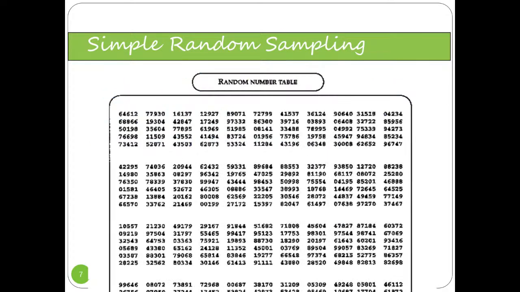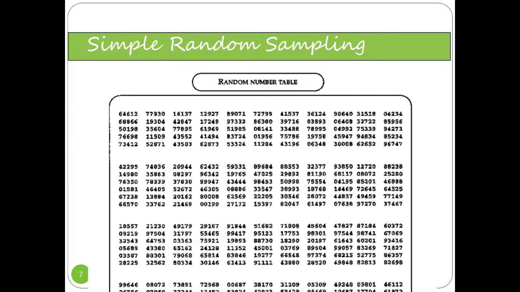This is the random number table. How do you use it? For example, say you have put chits according to their registration number, roll number, or randomly, say phone numbers or any number. So I will consider that you have put chits based on your roll numbers.